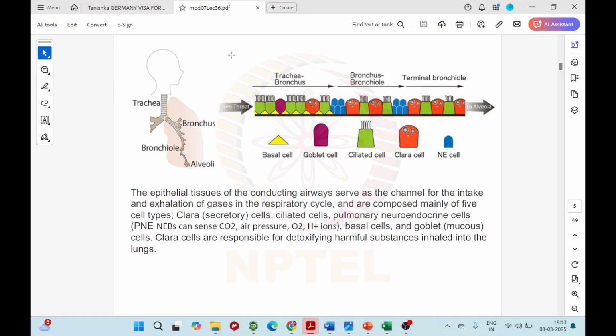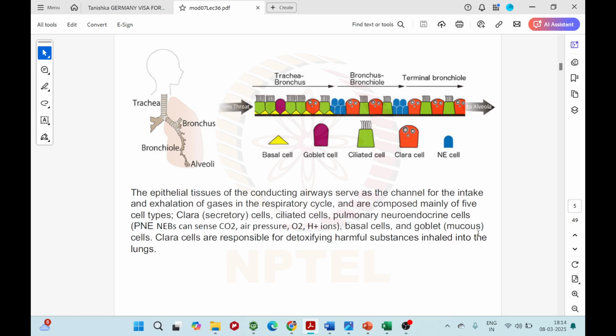In the trachea and bronchus, you can see one particular cell, the basal cells, which are epithelial cells that can be regenerated. And we have these green ciliated cells in the trachea, and we have the goblet cells.